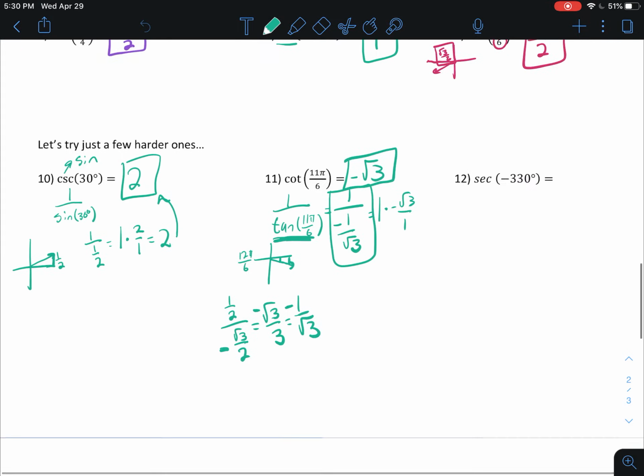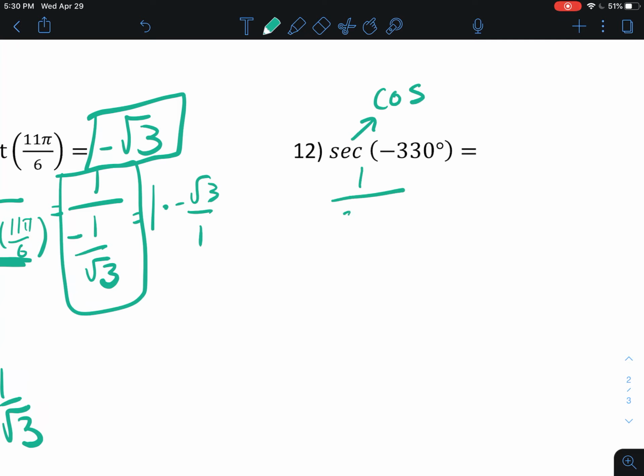There's one more right here. My screen just froze. Okay, secant. This is the reciprocal brother to cosine. So this is asking us for 1 over the cosine of negative 330 degrees. Hopefully we're starting to get a little bit better, right? Negative 330 is going to be all the way around the circle. Cosine is the x value, so the x value is going to be radical 3 over 2.